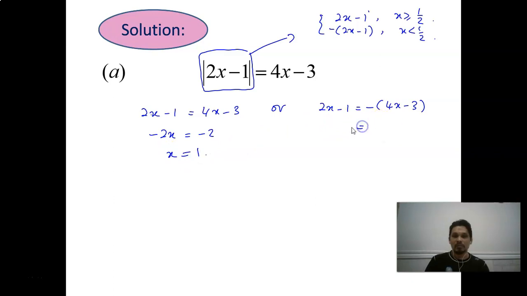Then what about here now? 2x minus 1, negative times 4x, negative 4x, negative times negative 3, positive 3. So negative 4x brought to the left side becomes positive, so 2x plus 4x, 6x. Negative 1 becomes positive, so 3 plus 1 equal to 4, then x equals 2 over 3.